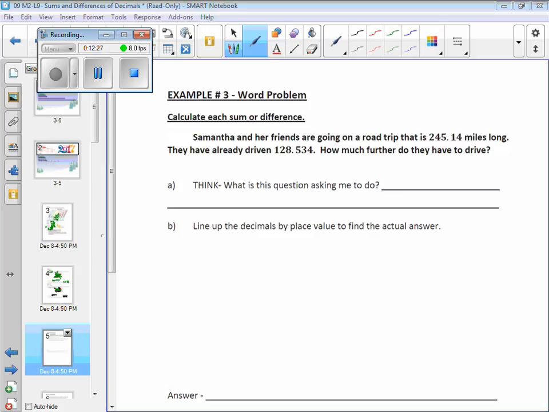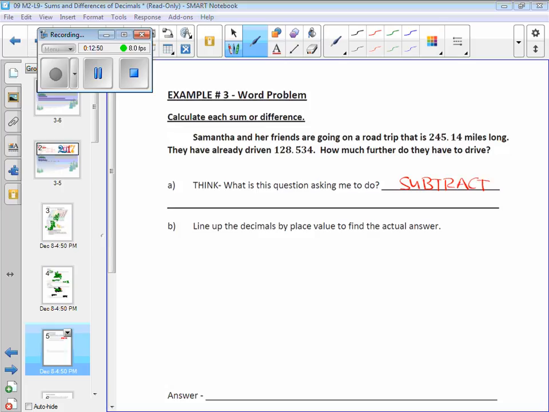Add, subtract, multiply, or divide. Jen. How many of you agree subtract? Everything in this particular lesson is either going to be add and subtract. Don't even worry about multiply and division just yet. The order does matter, so what from what?